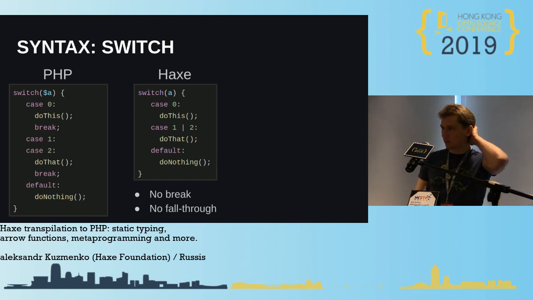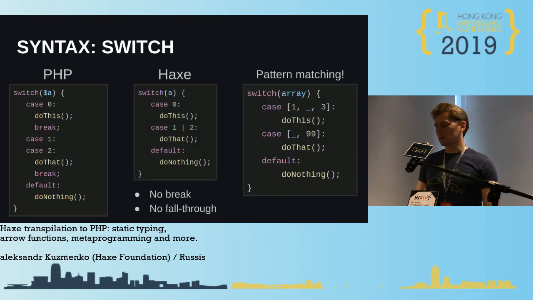There is no fall through, and also you can combine different cases with the vertical line instead of duplicating the case keyword. But what's more, Haxe switch actually uses pattern matching.